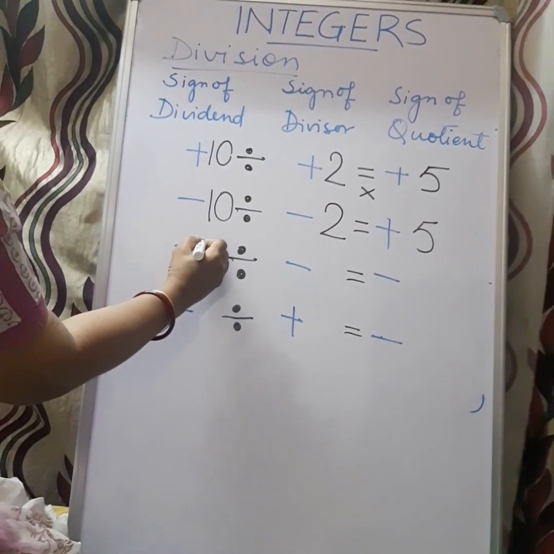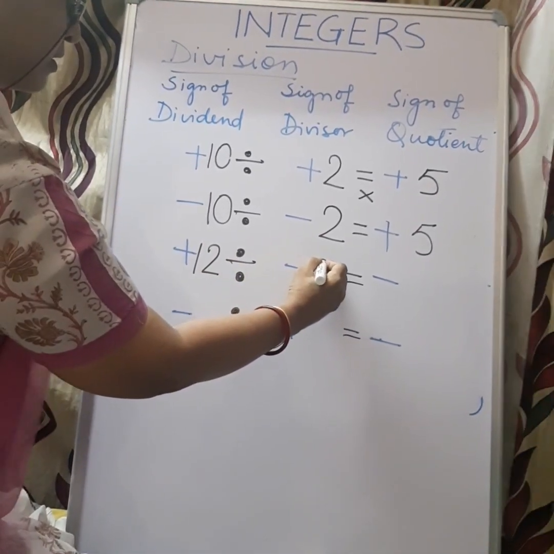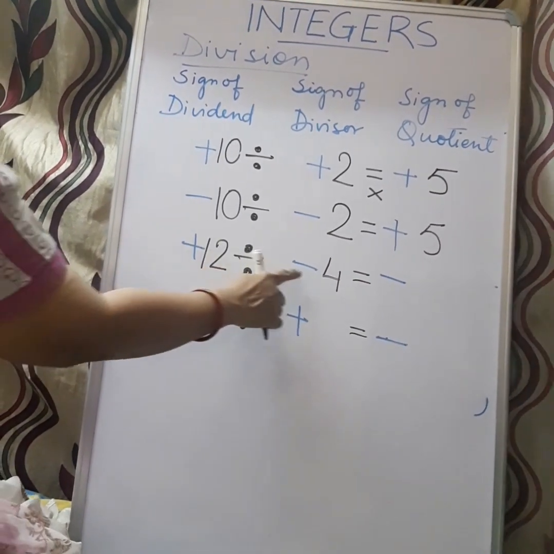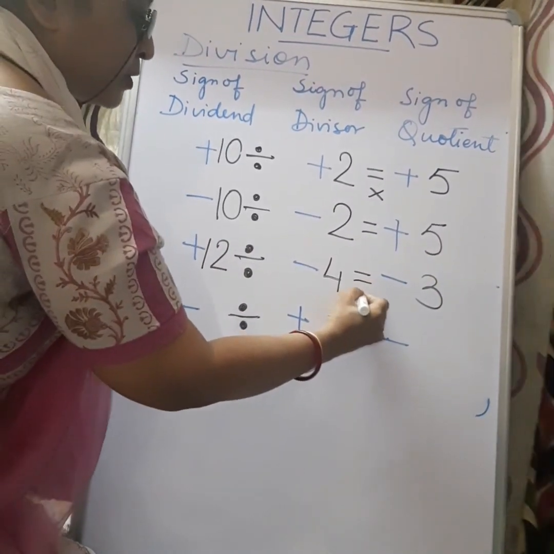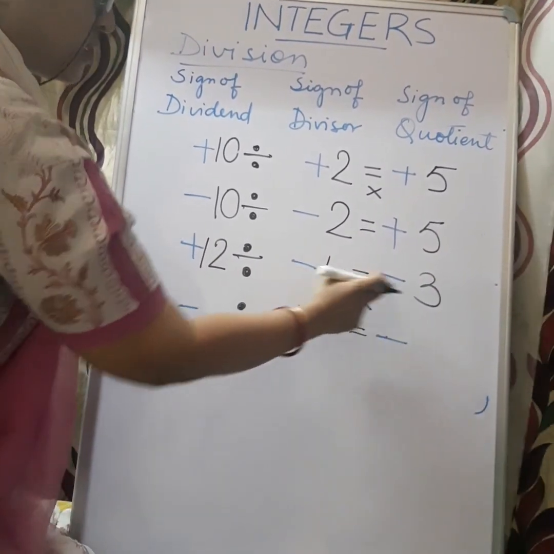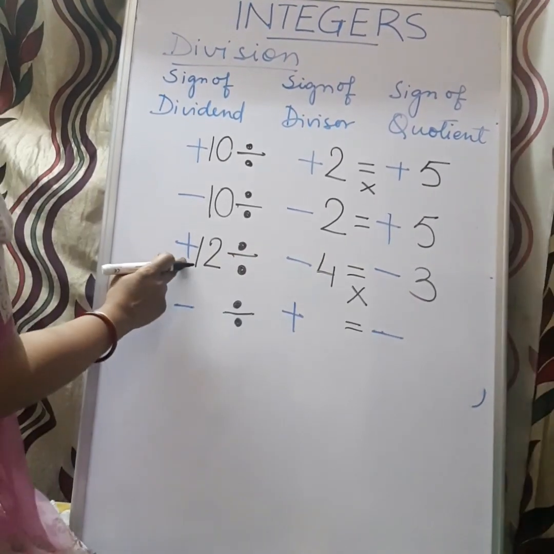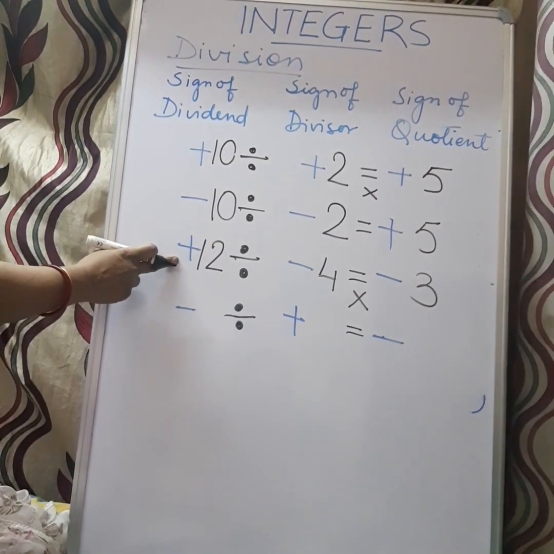Now here I take positive 12 divided by negative 4. Positive 12 divided by negative 4 will be negative 3. Because if we multiply two negatives, we are getting a positive. 4 3s are 12. So negative 4 into negative 3 is positive 12.